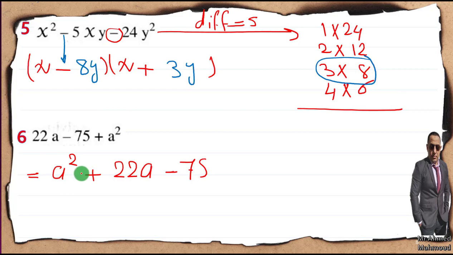This is the first step. The second step, as usual, is to open two brackets and distribute a², which will be a and a.